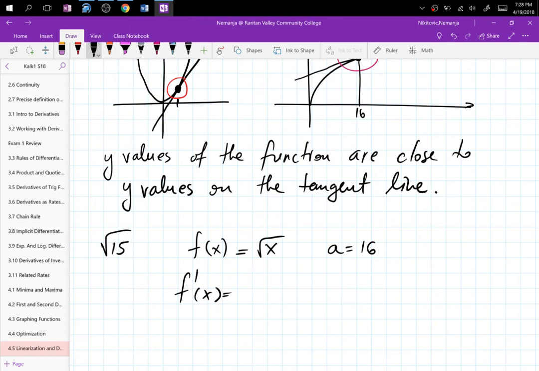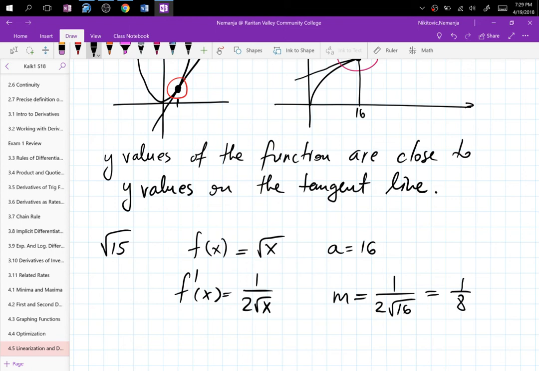So f prime of x is 1 over 2 root x, if you remember the derivative of root x. If you don't, you just do it on the side as x to the 1/2 and do the n minus 1 thing. So the derivative is 1 over 2 root x. And then we compute the slope when you plug in 16 into this. So we get 1 over 8.